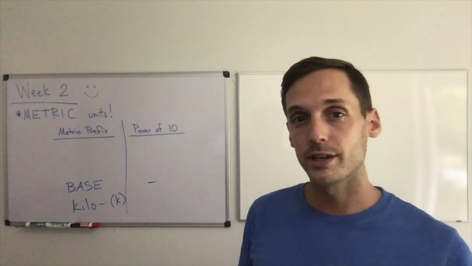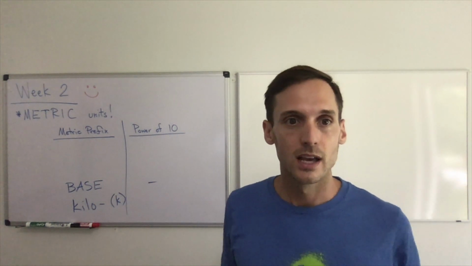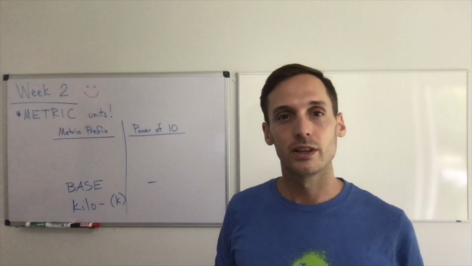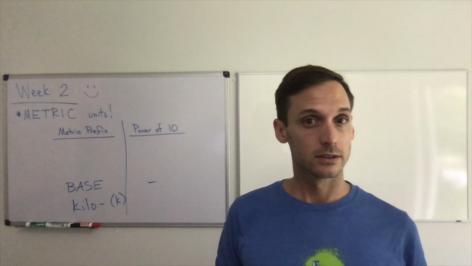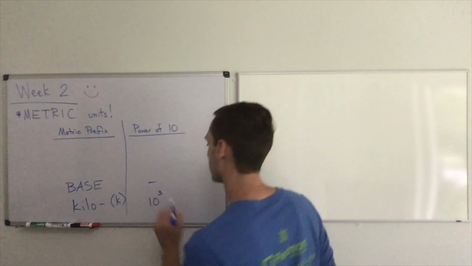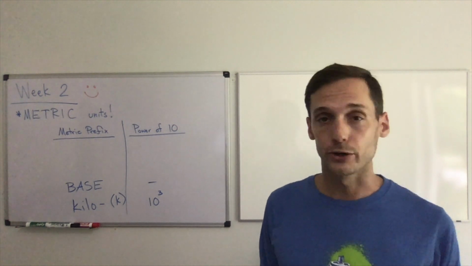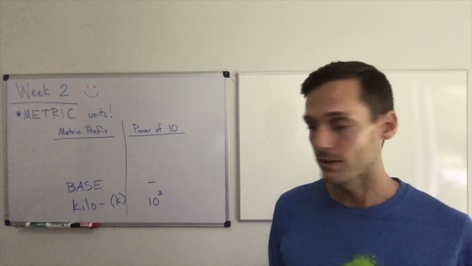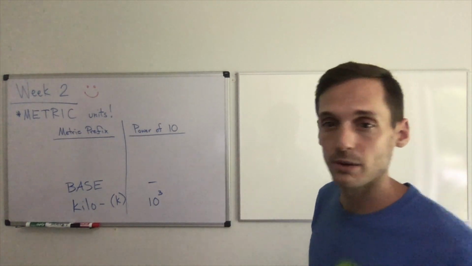And you probably already know how many of the base unit, so think like meters, how many meters would there need to be in order to get to 1 kilometer? Good, it's 1,000. So if we put 1,000 in terms of a power of 10, that's just 10 to the third power. 10 cubed is 1,000. Okay? So that's the only one that's bigger than the base unit that we need to know.